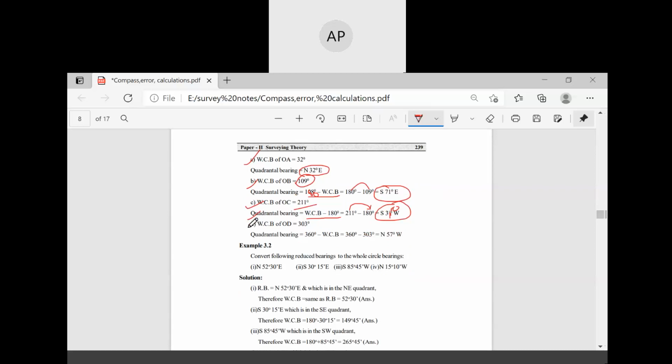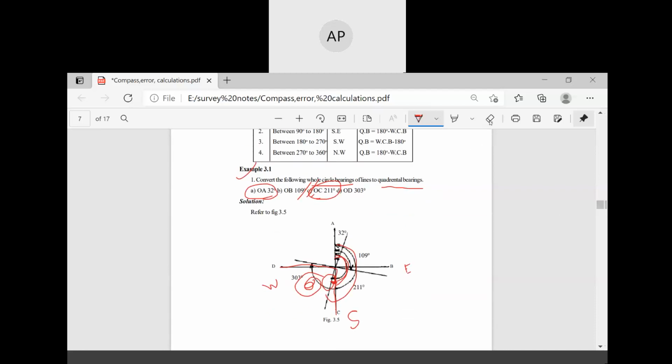And last one, WCB of OD, that is 303 degree. 303 degree means, what is the angle? This one, 303, isn't it?